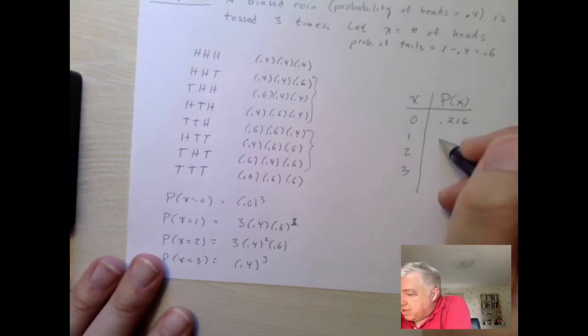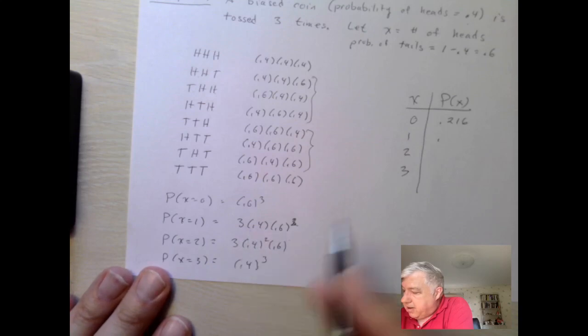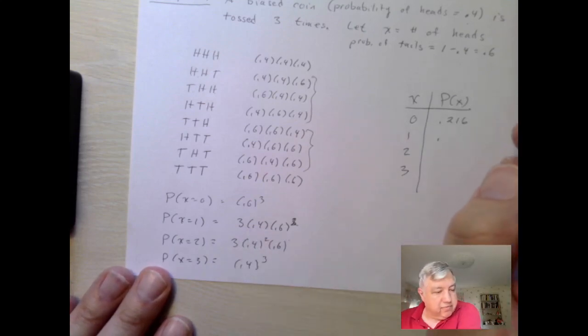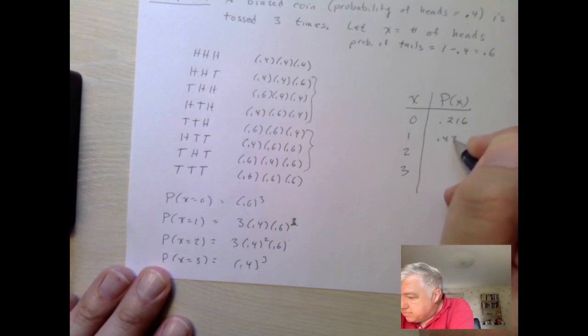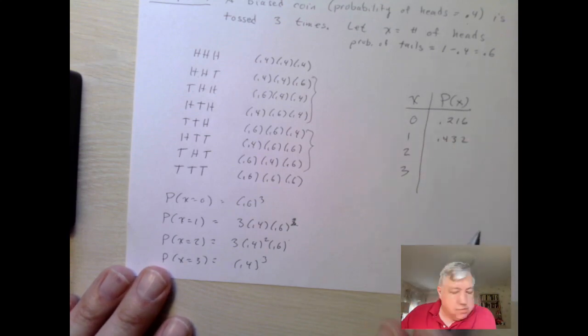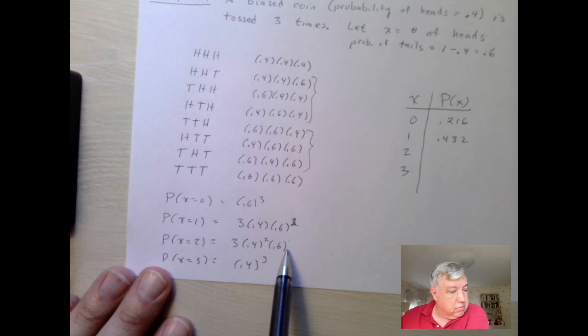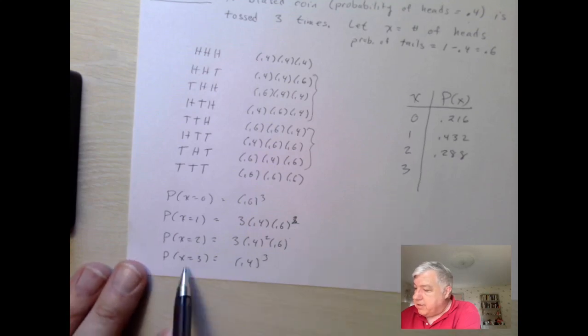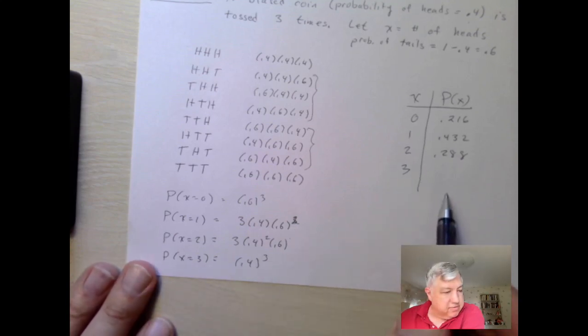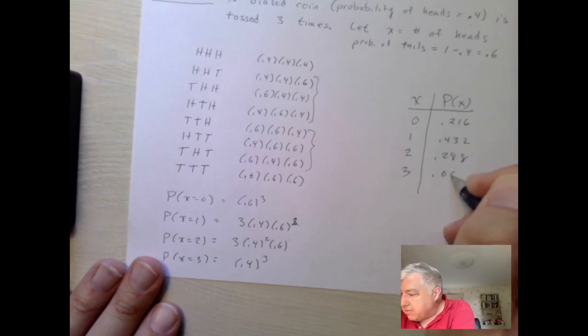This number here would be 0.432. This number here would be 0.288, and this number here would be 0.4 cubed, and that would be 0.064.